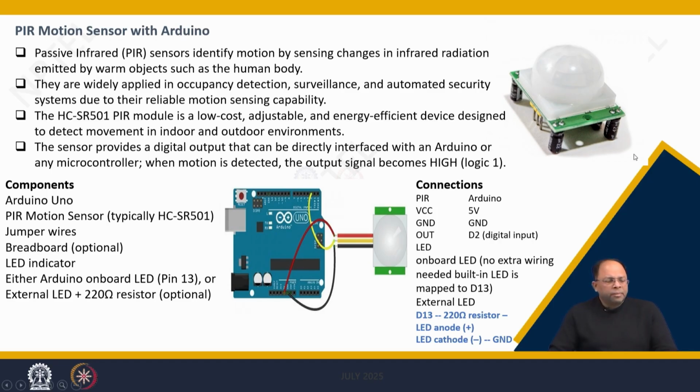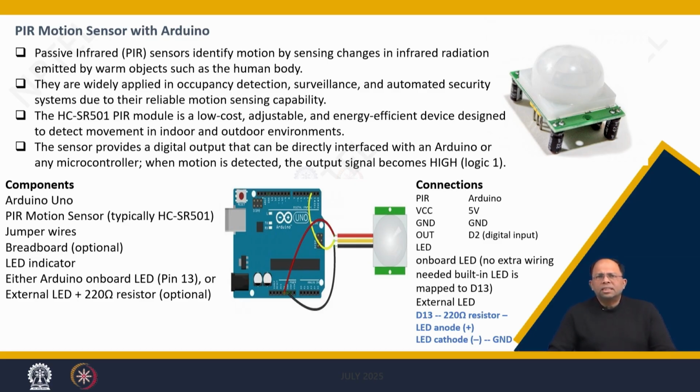Now, one of the very common modules that we use is this HC-SR501 PIR module, which you can get from the internet or from a local hardware or IoT store, and you can also test it on your own.